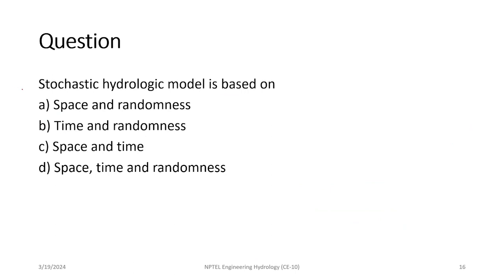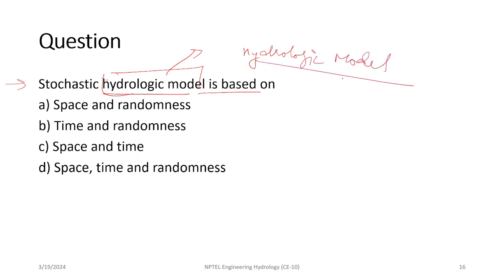Now the next question is: a stochastic hydrologic model is based on. Here the options mention space, time, randomness. Firstly, before going to this, I just want to know, do you have any idea about hydrologic models?